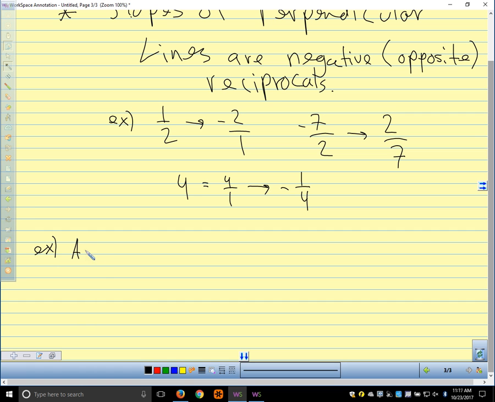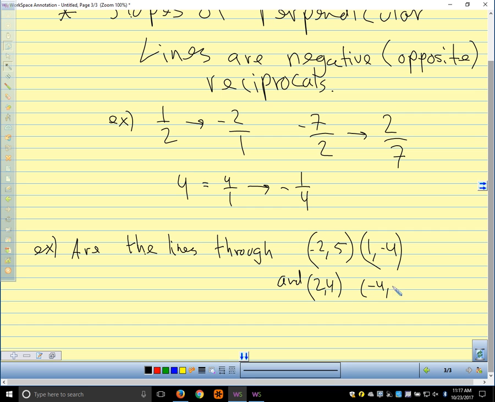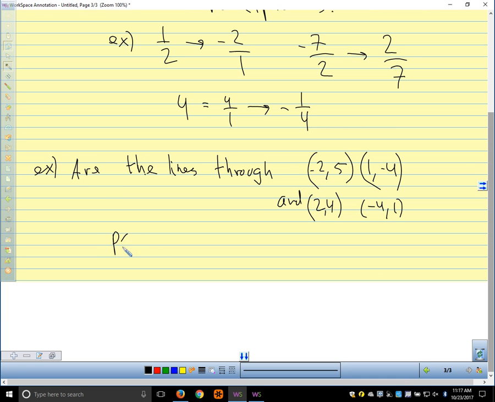You might get a question that says, are the lines through, we'll have some points here, negative 2, 5, and 1, negative 4, and 2, 4, negative 4, 1. Are the lines through those two pairs of points parallel? Perpendicular? Or neither?